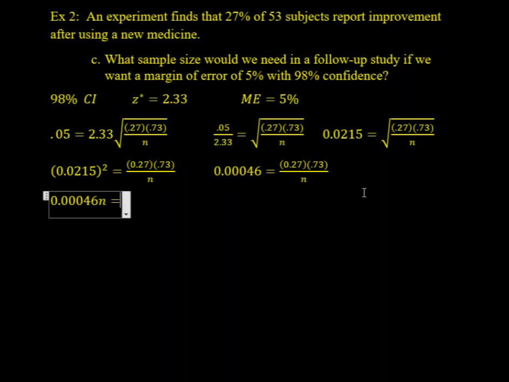I went ahead and multiplied that 0.27 and 0.73 finally. Now we've got to divide by the 0.00046, so I get n equals 0.1971 divided by 0.00046, which gives us 428.5.